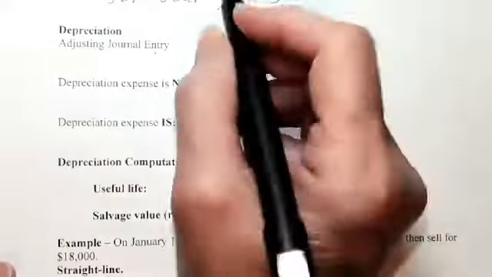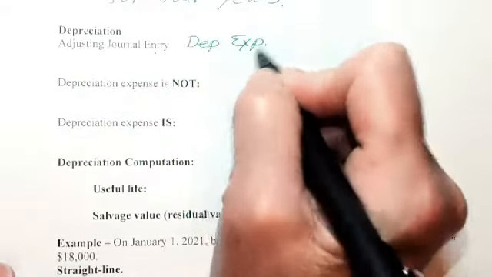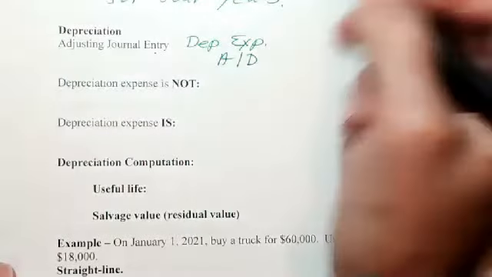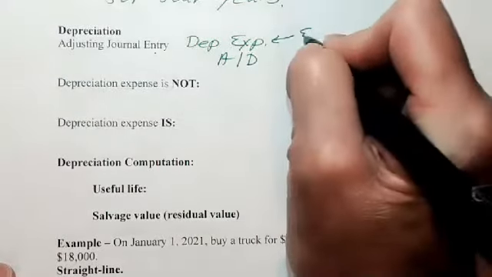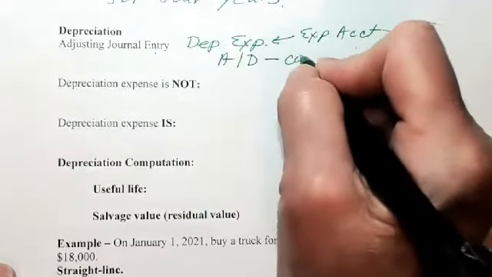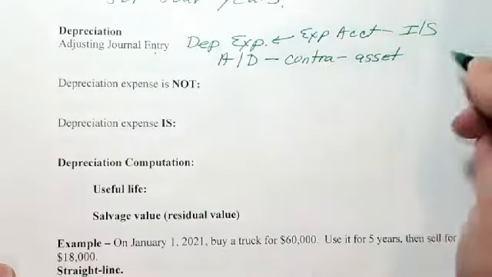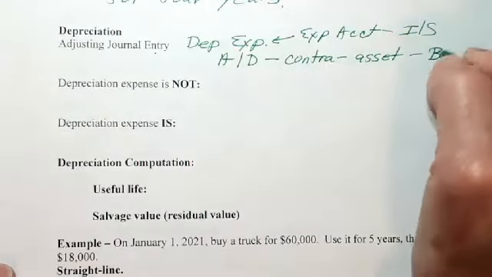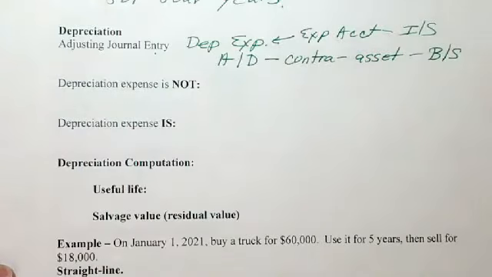Your adjusting journal entry is always depreciation expense and accumulated depreciation. That's obviously an expense account. It goes on your income statement. That's your contra asset account, and that goes on your balance sheet. Contra asset means it's an asset account, but it has a credit balance.